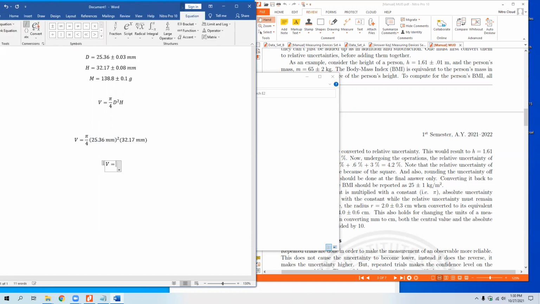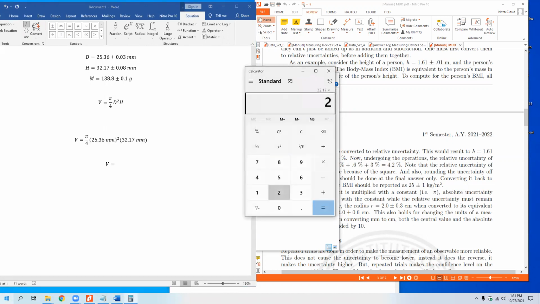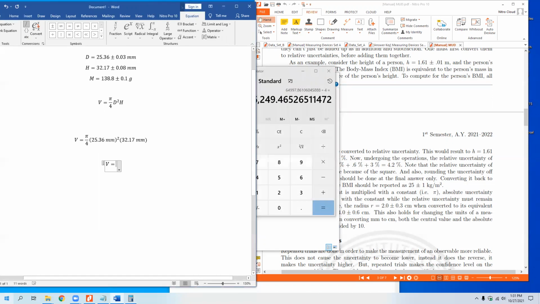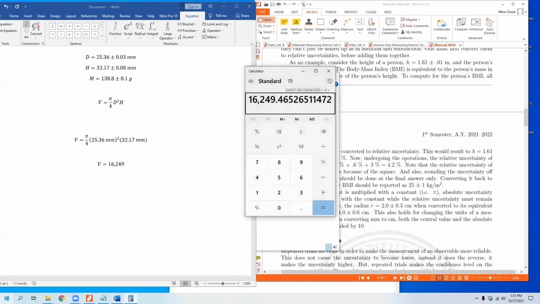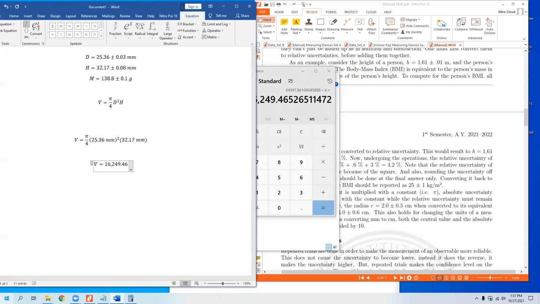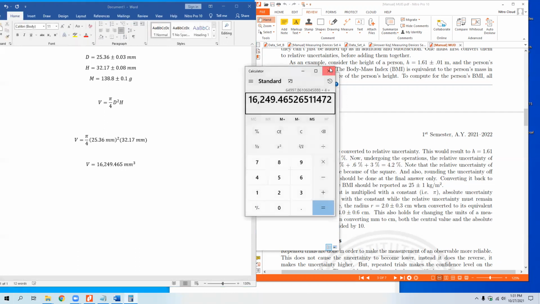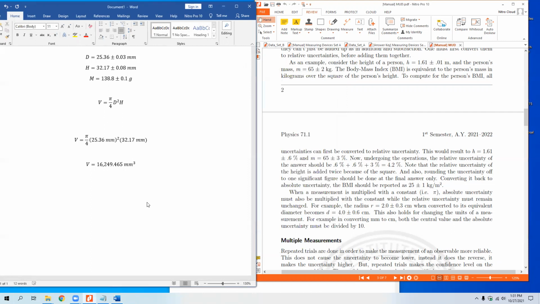We should get 25.36 times 25.36 times pi over 4 times 32.17, which is 16,249.465 cubic millimeters. So let's keep this central value for now.